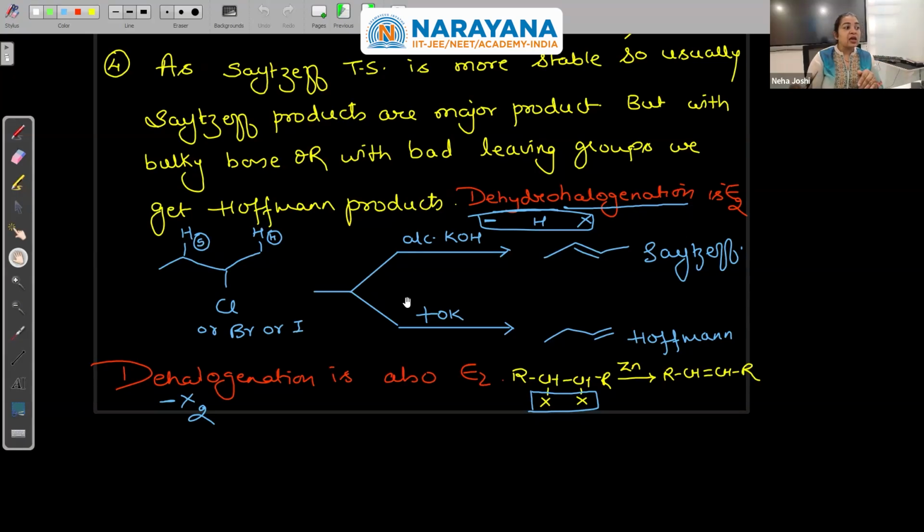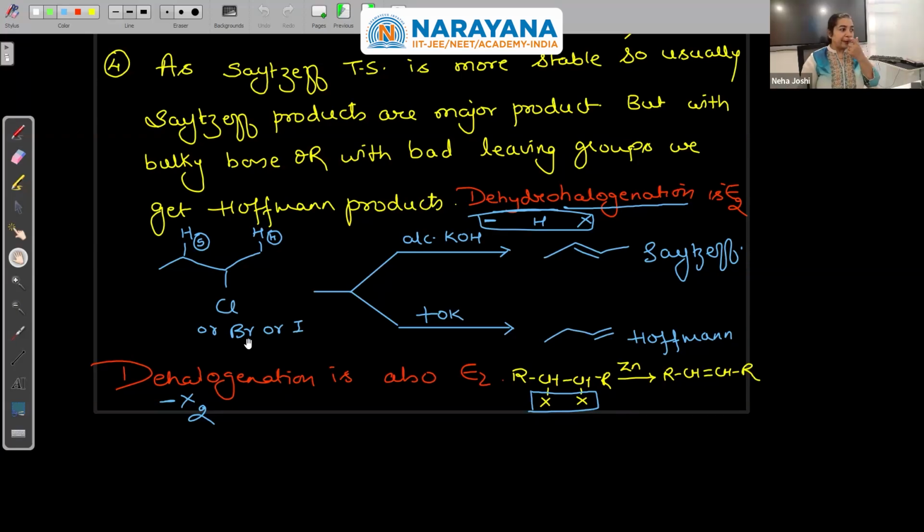But due to the bulky size of the base, it is difficult for it to approach a more substituted site and therefore it fails to attack here and attacks here. So we get Hofmann alkene as a major product.